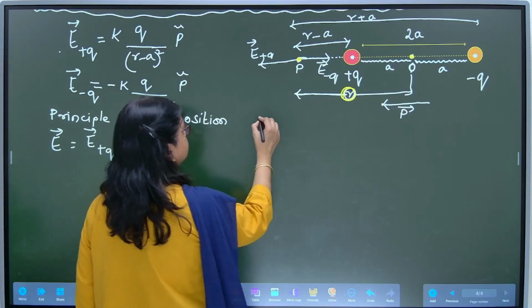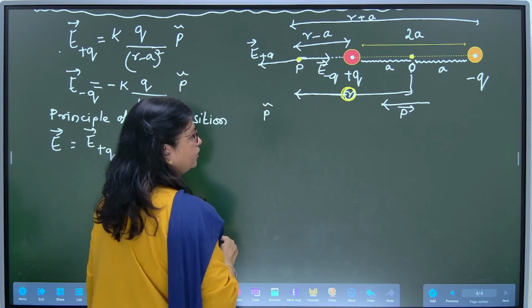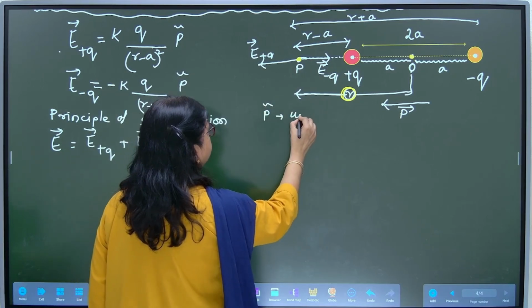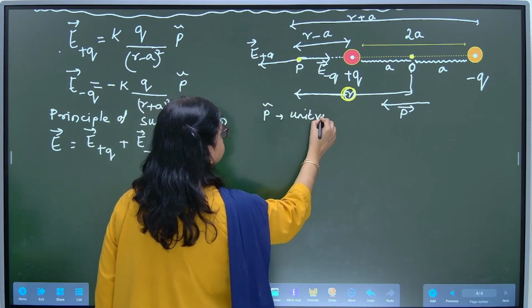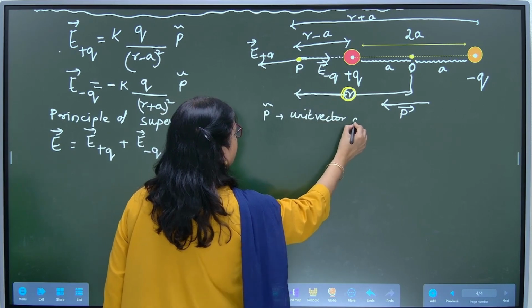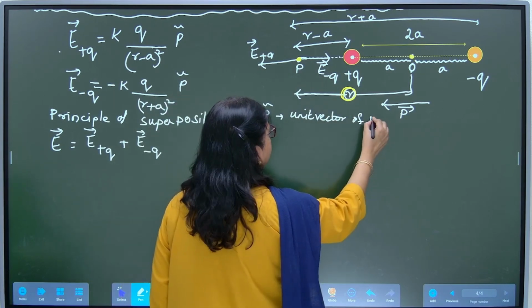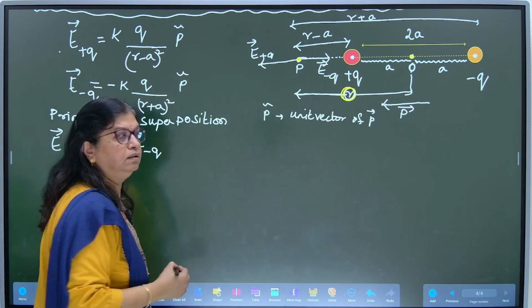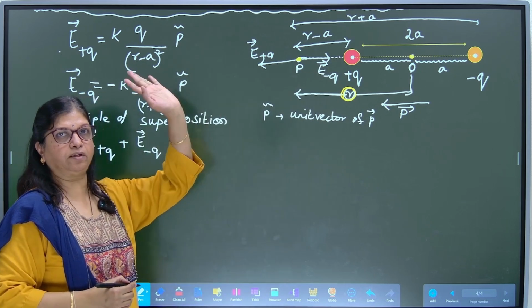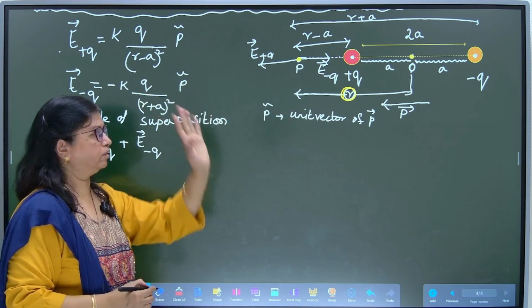Here, we also write what is P cap. What is P cap? It is a unit vector of P vector. That is the dipole direction, P vector or electric dipole P vector. Fine.